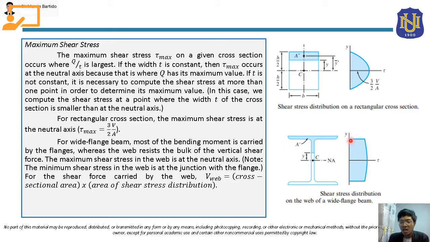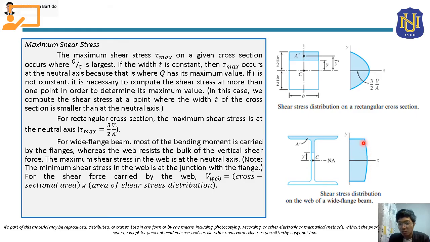Yung magiging shear stress dyan, class, ito yung distribution niya. And yung magiging maximum na shear stress dito will be at the neutral axis. Kaya dito, class, makita mo, dito siya maximum. So, from here to here, parabolic yan. Nandito yung maximum na shear stress, nasa neutral axis.